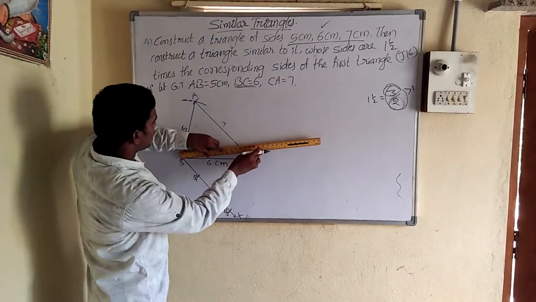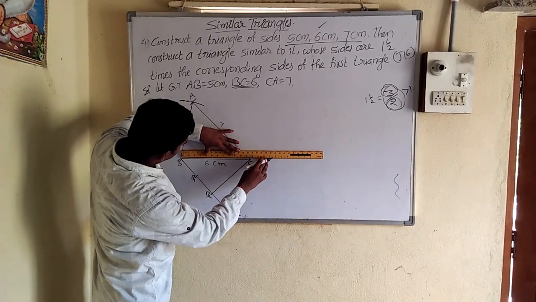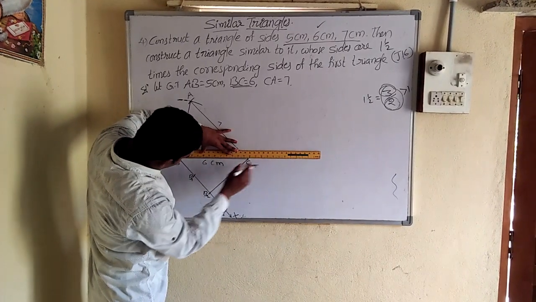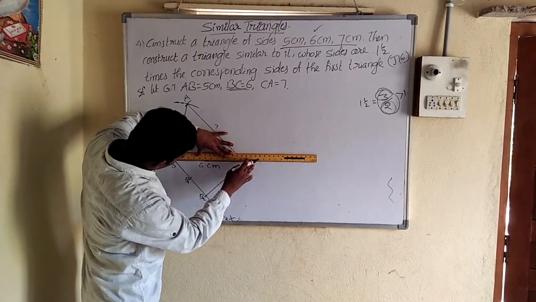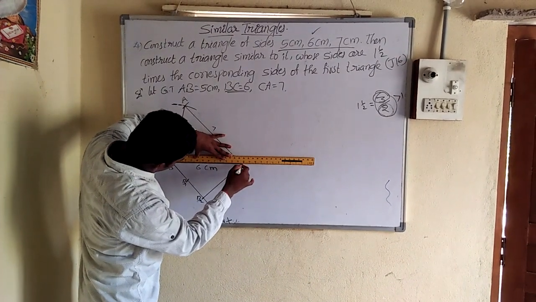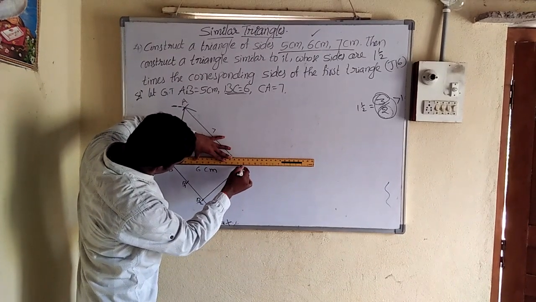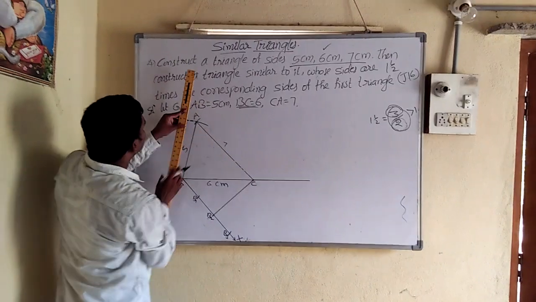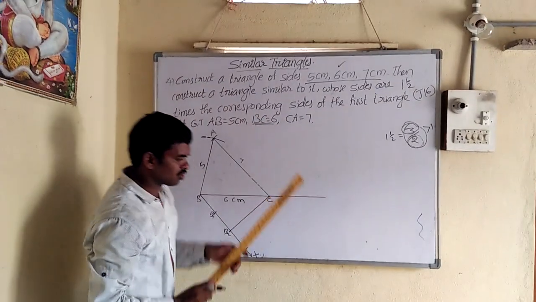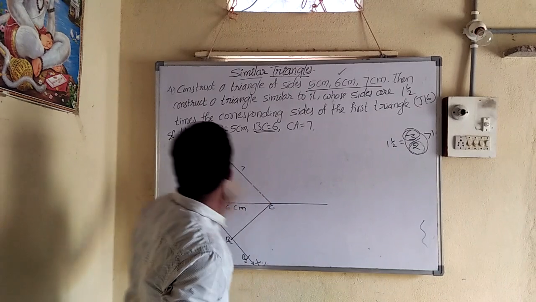So BC and BA should be extended. BC should be extended because we have to get a triangle that is larger than the previous triangle. So I am removing the question.